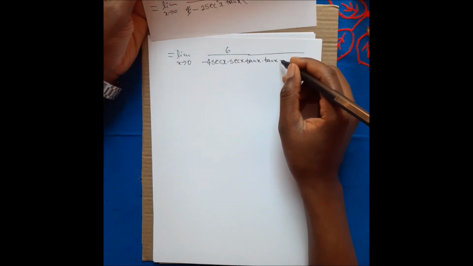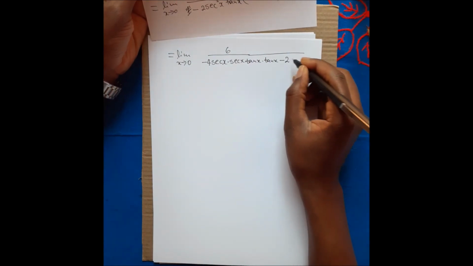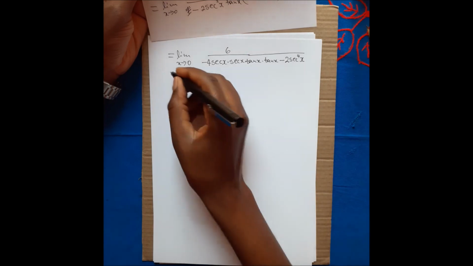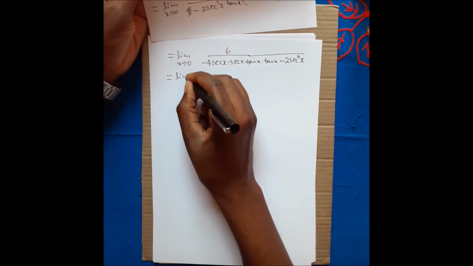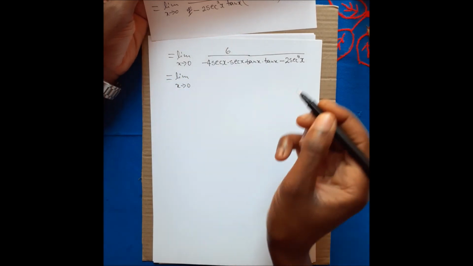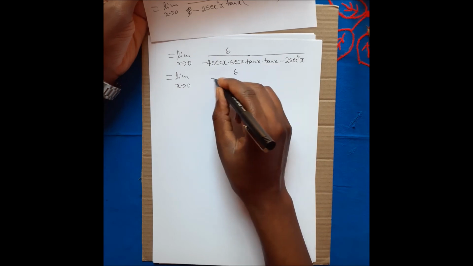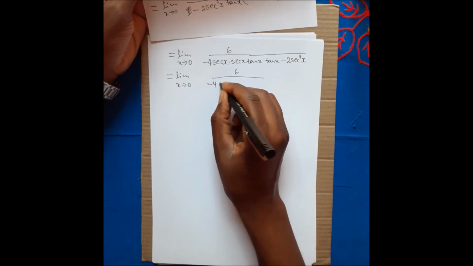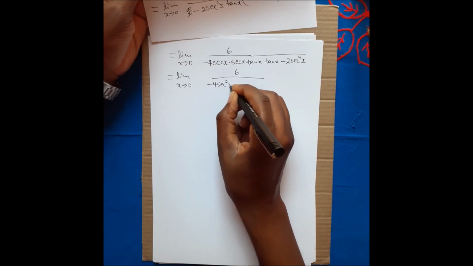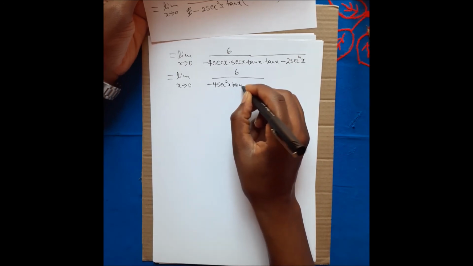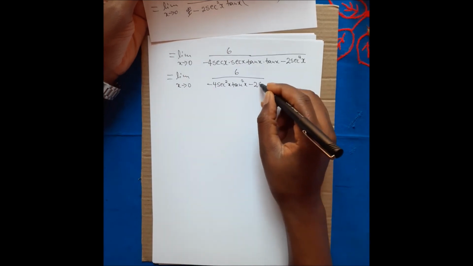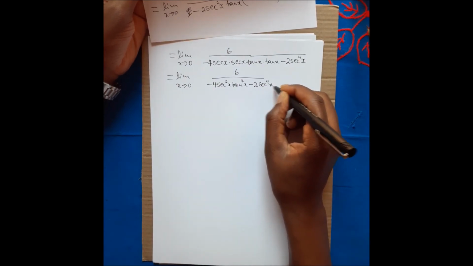So this will be minus 2 sec to the power of 4 of x. This is now the limit as x is approaching 0 of 6 over minus 4 sec squared x tan squared x minus 2 sec to the power of 4 of x.